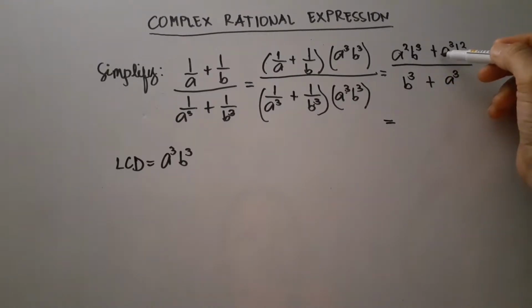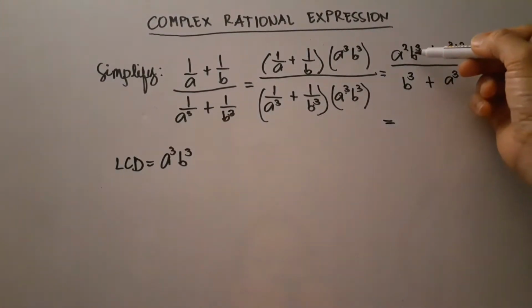So our next step, we can factor this, a squared b cube plus a cube b squared.